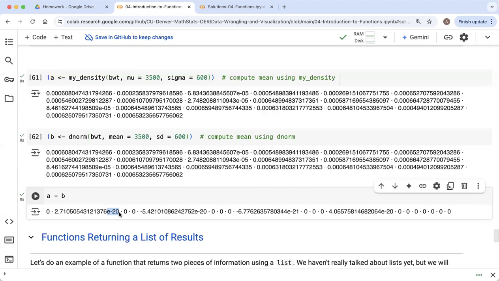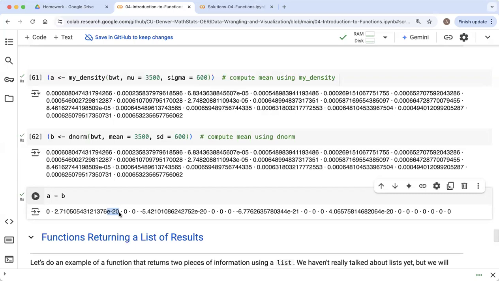So this is essentially zero. This is just due to rounding error in how we defined our function compared to how whomever originally wrote the script for the dnorm function. So somebody has some rounding error in one of these functions, but they're equal to each other out to 21 decimal places. So that is essentially zero.